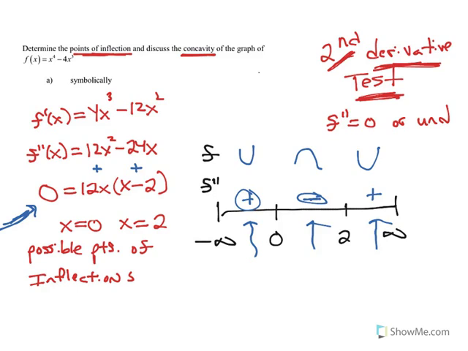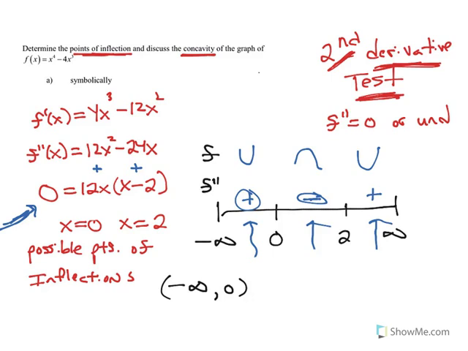To finish this one up, we want to write our final answer in interval notation. You'll probably not see the second derivative chart like this in an answer key. So we'll say from negative infinity until 0. This is a comma b interval notation.